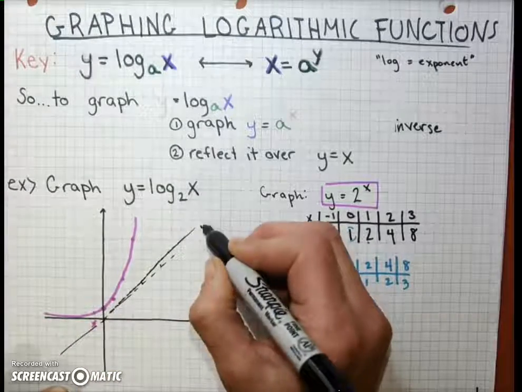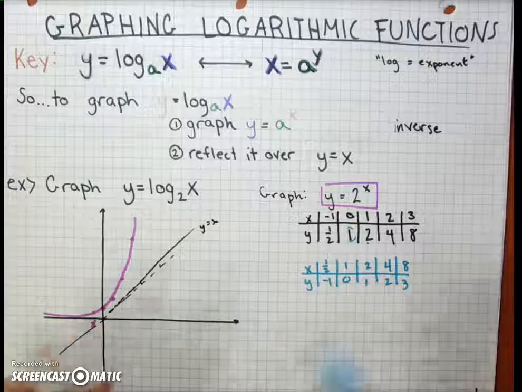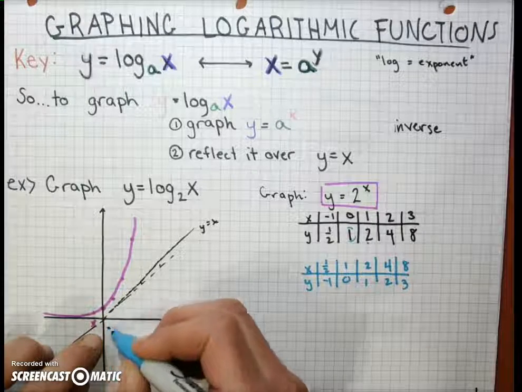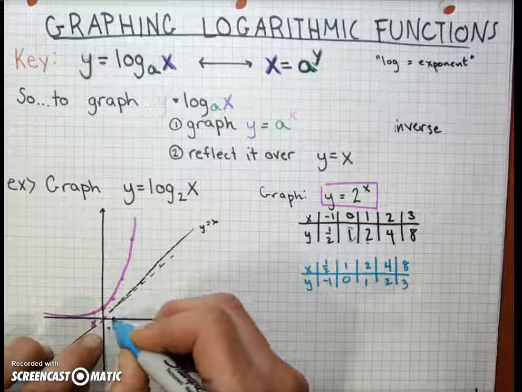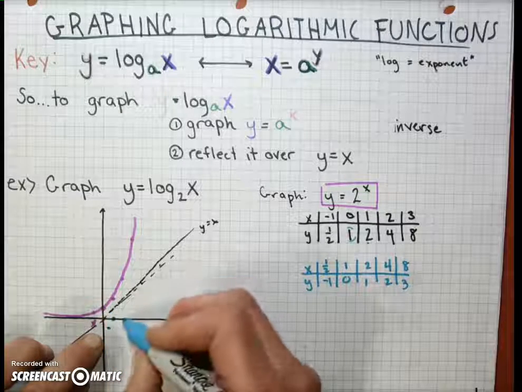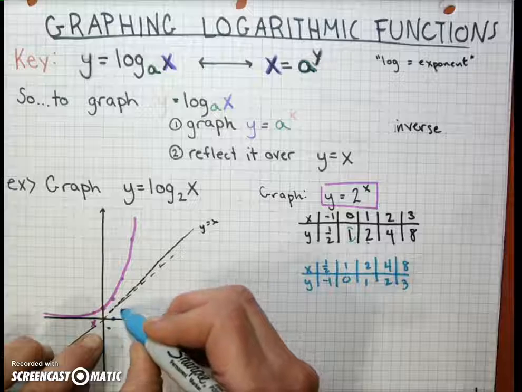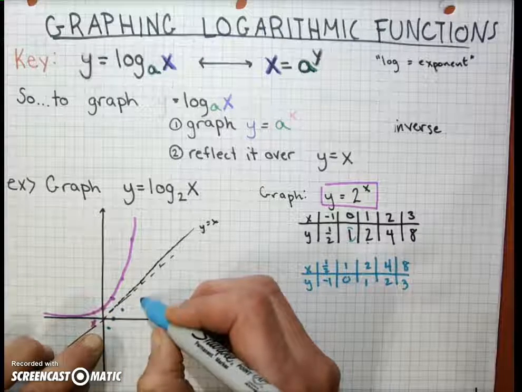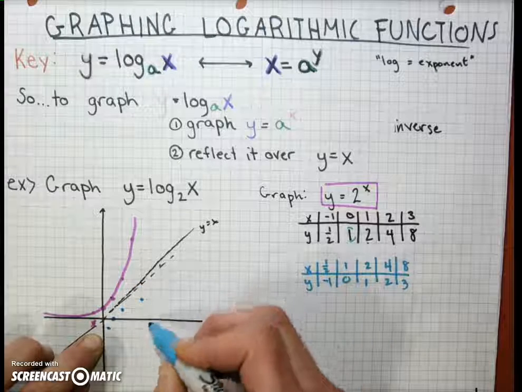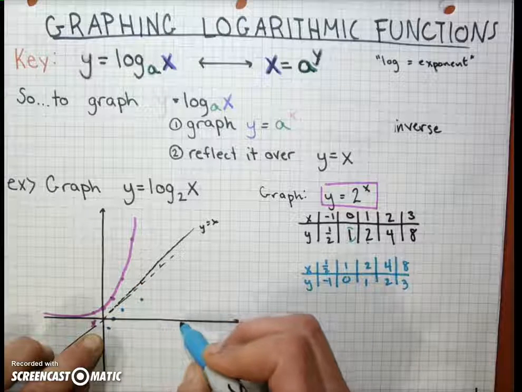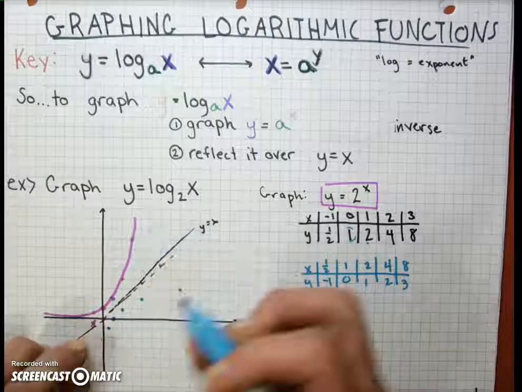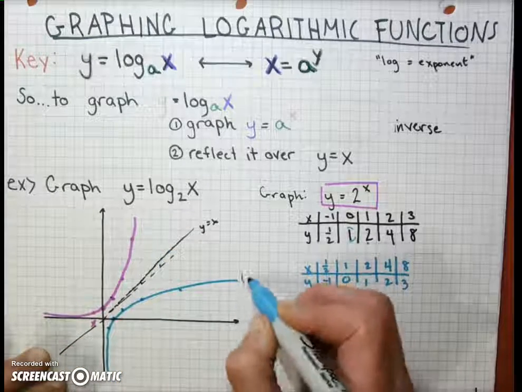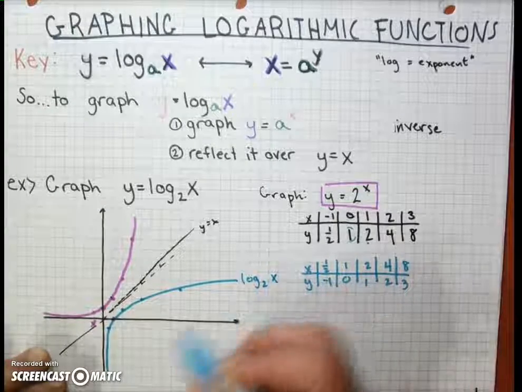So there's y equals x, and I put in 1/2 comma -1, 1 comma 0 is the reflection of that point, 2 comma 1 is the reflection of this point, 4 comma 2 is the reflection of that, and 8 comma 3 is the reflection of that one. So the graph of log base 2 of x is this blue one.